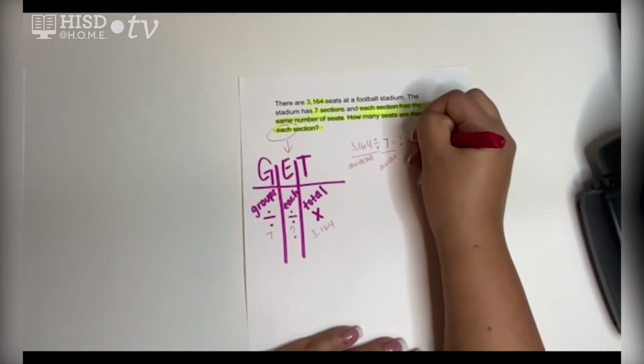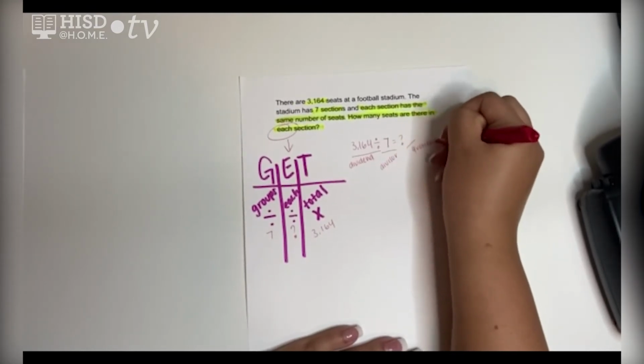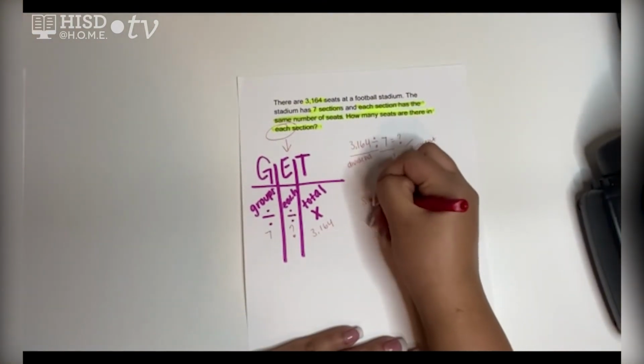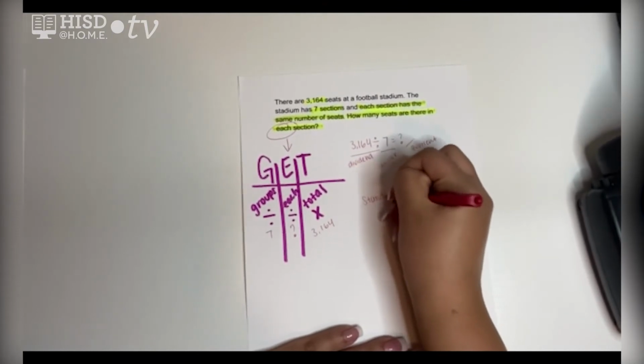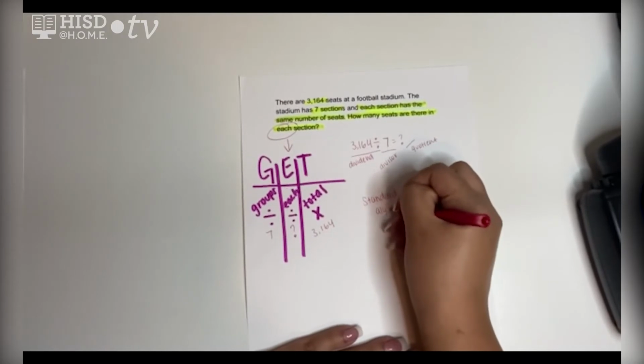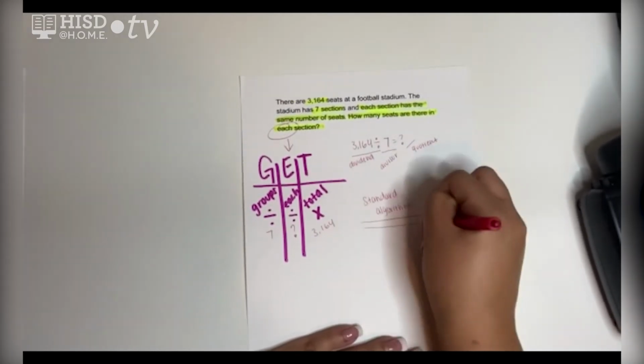And remember that this would be our quotient. So I said, guys, earlier in the objective that we are going to use the standard algorithm. And that's how we're going to divide all day today, using the standard algorithm.